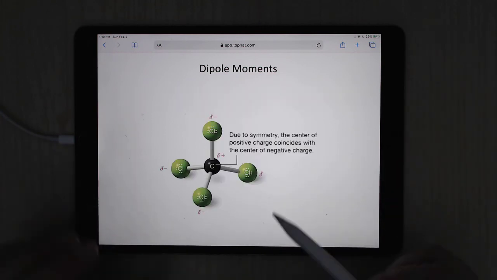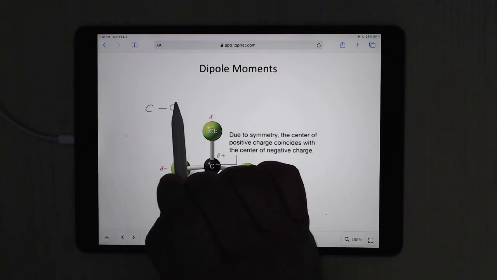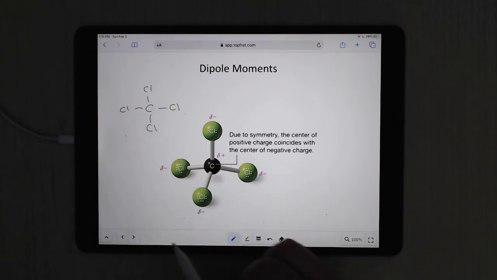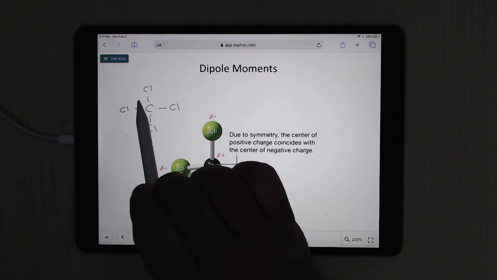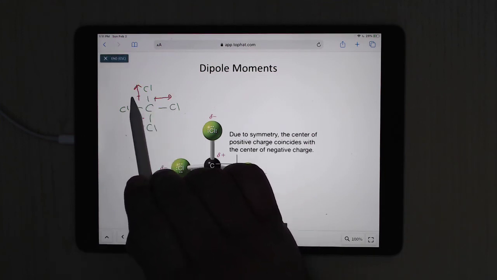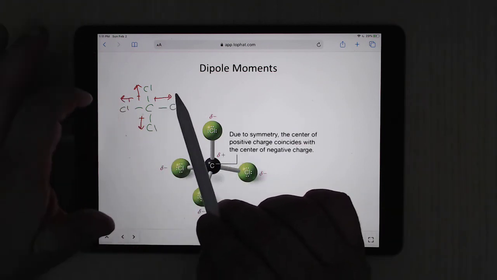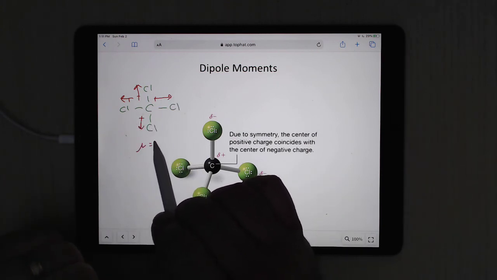Okay, and so if you have something like carbon tetrachloride, CCl4, you're going to have your arrows like this. These two horizontal ones are going to cancel each other out. These two vertical ones are going to cancel out. So this one has a dipole of 0.